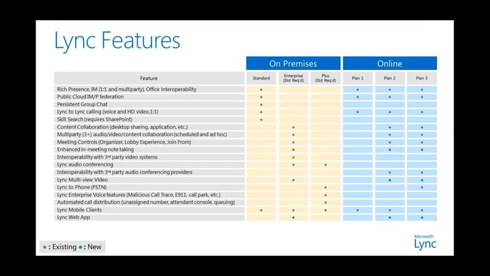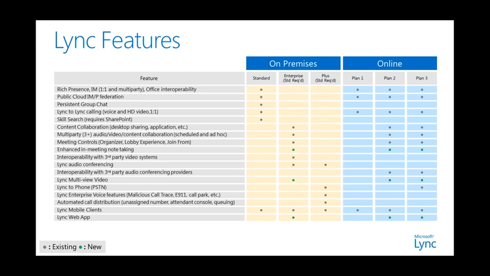In the columns headed on premise, you've got the Standard CAL, the Enterprise CAL, and the Plus CAL. The Enterprise CAL gives you extended features regarding conferencing capability, and the Plus CAL gives you the Enterprise Voice capability.